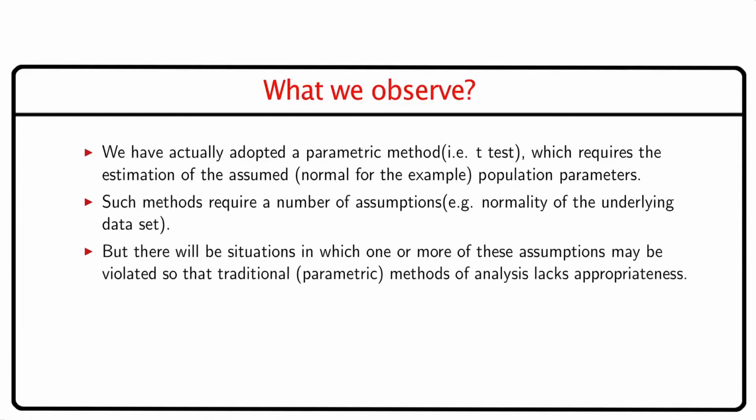But there are situations in which one or more of these assumptions may be violated, so that the traditional or parametric methods of analysis lack appropriateness. So we find that the data set for the sales example is not normal. Still we have used the t-test, and therefore the results are not validated, so we can't use the inference obtained from the t-test.